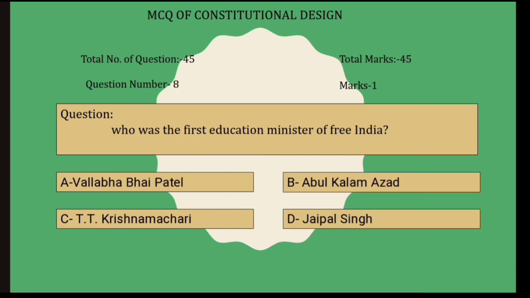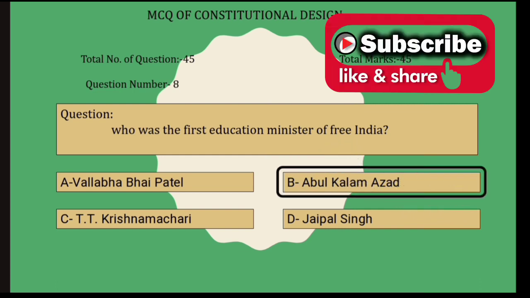Question 8. Who was the first education minister of Free India? Option A. Vallabhbhai Patel. B. Abul Kalam Azad. C. T.T. Krishnamachari. D. Jaipal Singh. Correct option is B. Abul Kalam Azad.